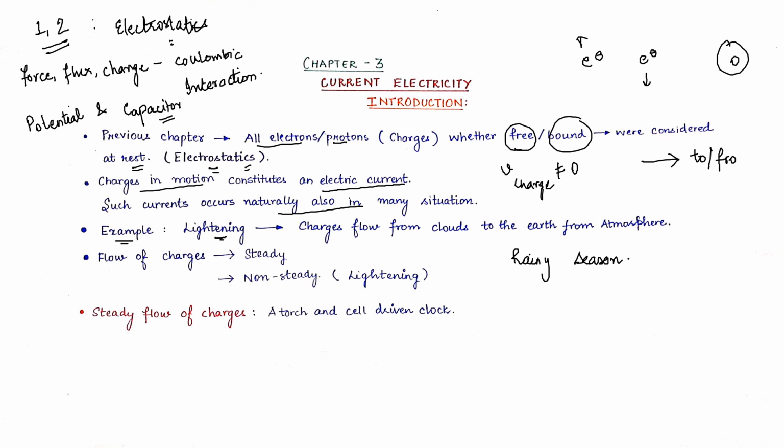So when these clouds get highly ionized, these ions, these charges, start moving from the surface of the cloud towards the Earth's atmosphere. When they are moving towards the Earth's atmosphere, they show something like lightning.